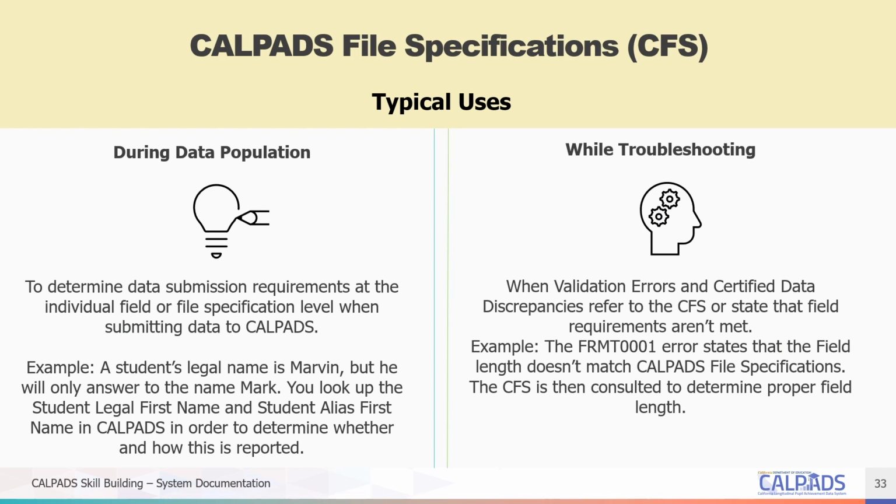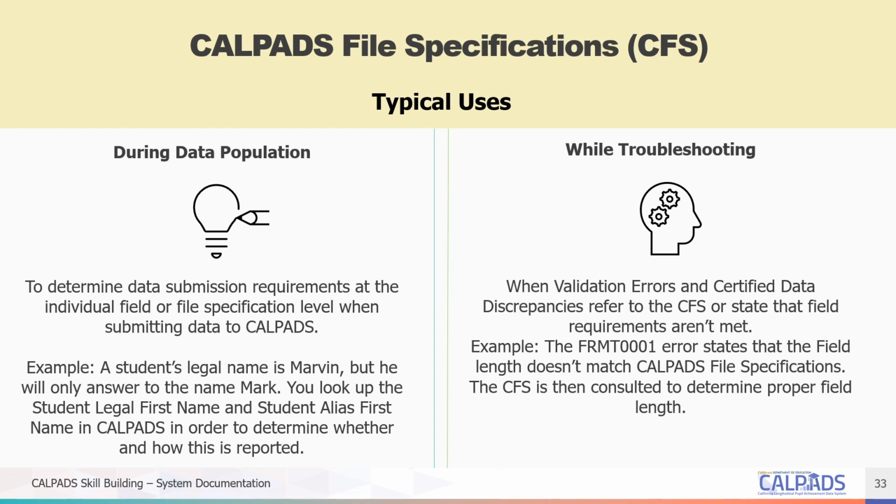You will typically use the CFS while populating data in CALPADS and while troubleshooting data in CALPADS. When populating data in CALPADS, the CFS is used to determine submission requirements at the individual field or file specification level, such that you are able to follow the guidance contained in the CFS and submit CALPADS-supported files.